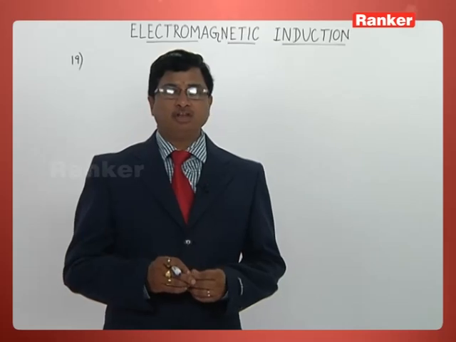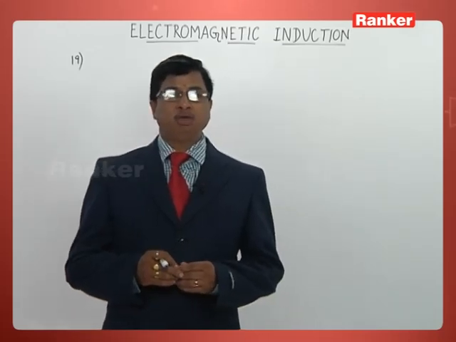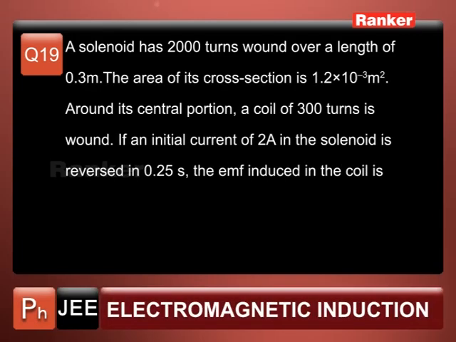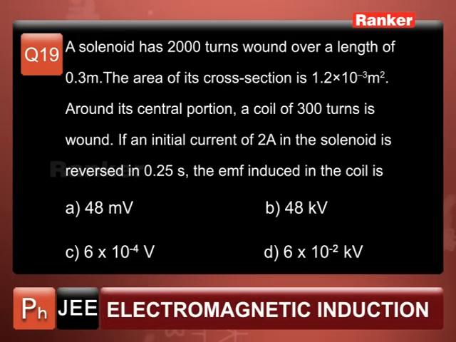Let us check the next number, that's problem number 19. A solenoid has 2000 turns wound over a length of 0.3 meter. The area of its cross section is 1.2 into 10 to the power minus 3 meter square.